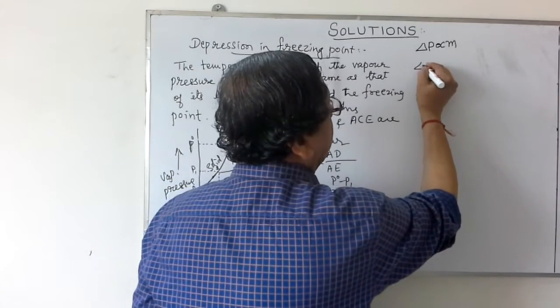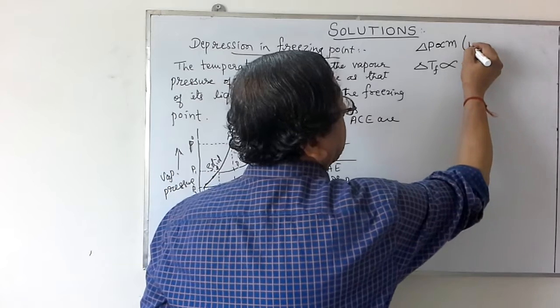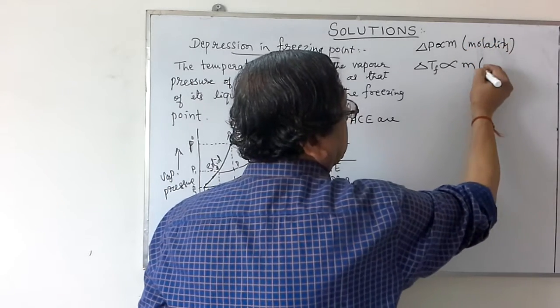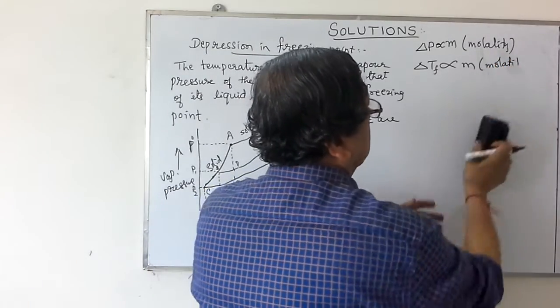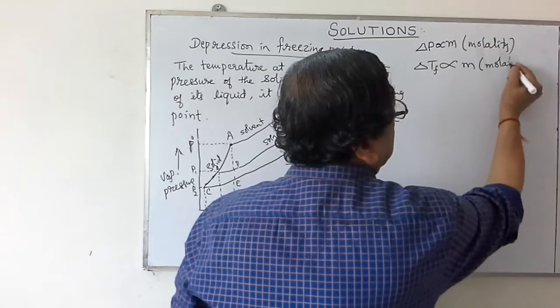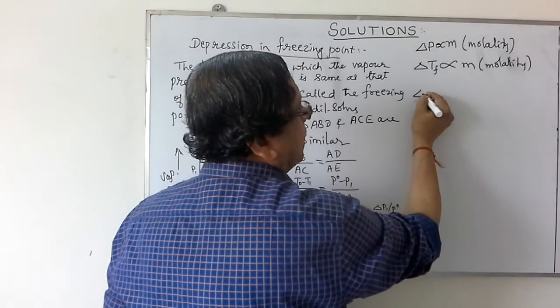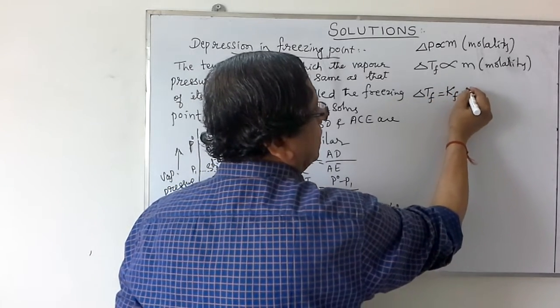Therefore, delta TF is also proportional to molality. This M stands for molality of the solution. When we say molality, we can write this as delta TF is equal to some constant KF into molality.